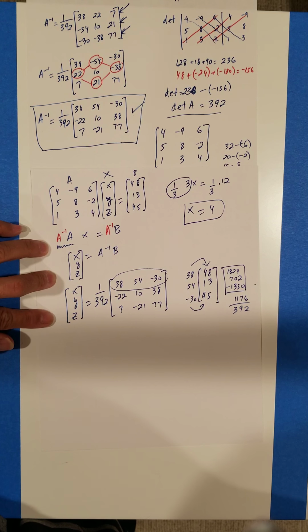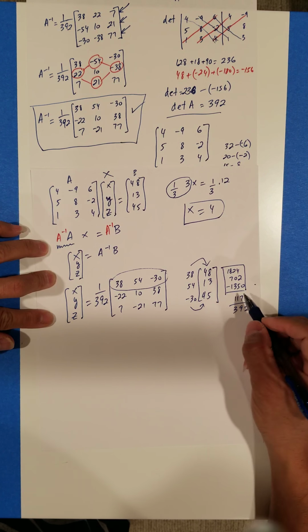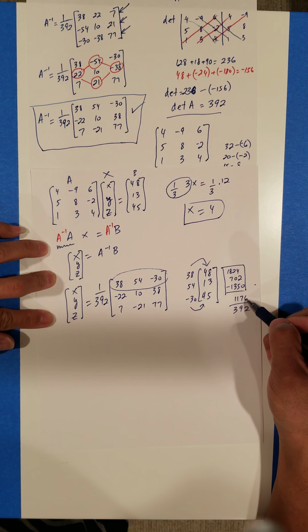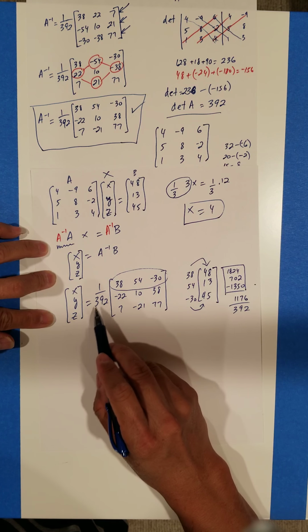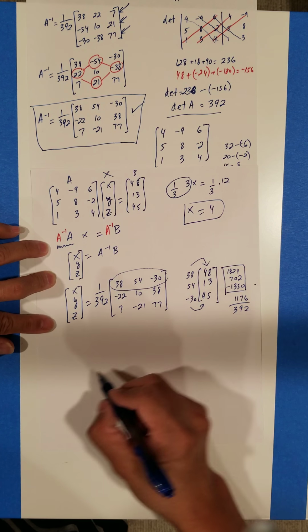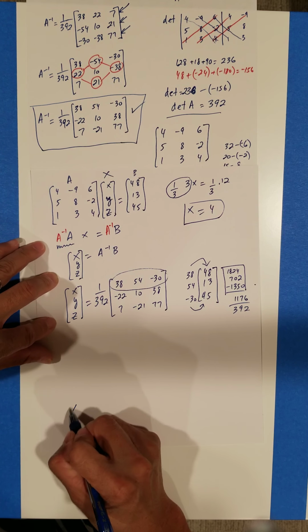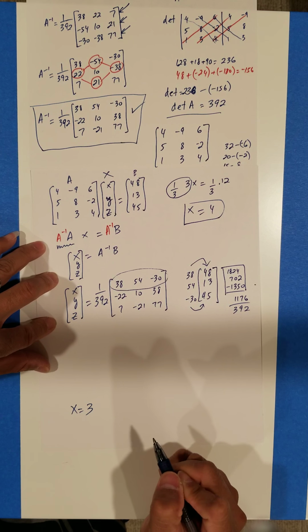So when I added these I get 1,176 divided by 392. That means x equals 3.